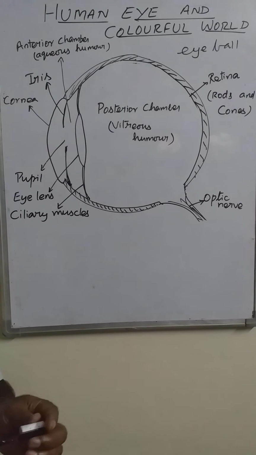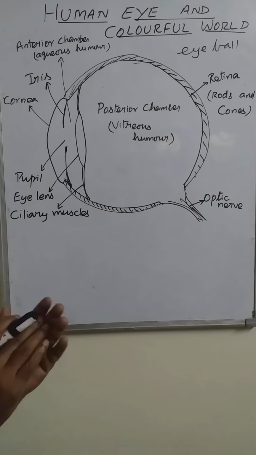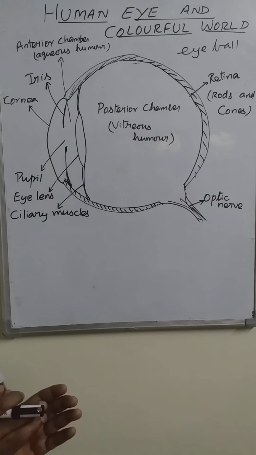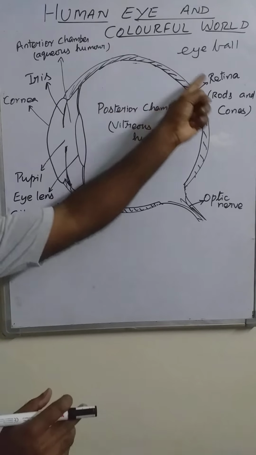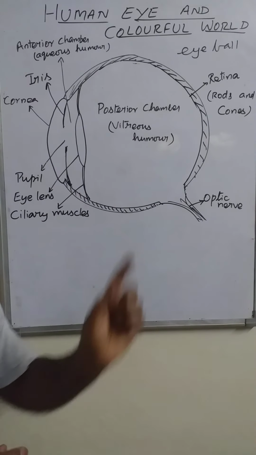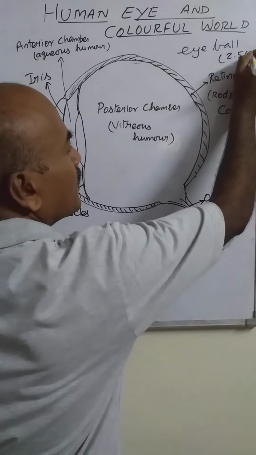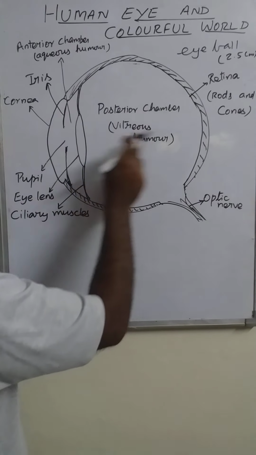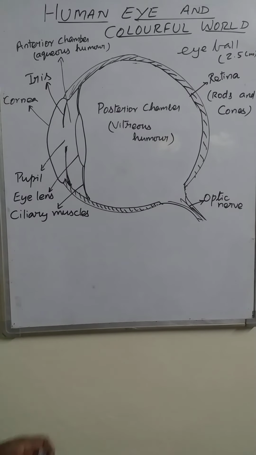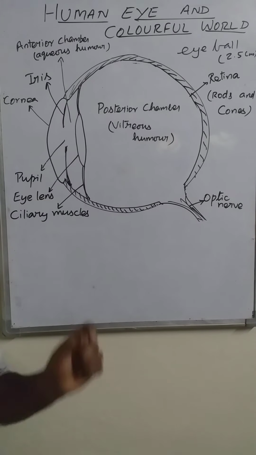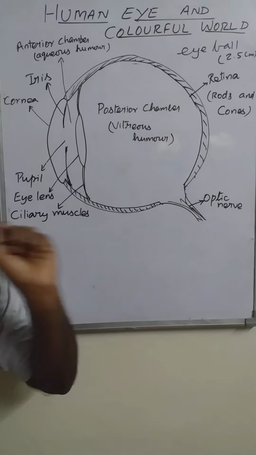So the eyeball is in spherical shape. For a normal grown adult person, the diameter of this eyeball is approximately 2.5 centimeter. From this end to this end, it is approximately 2.5 centimeter for the normal grown adult.